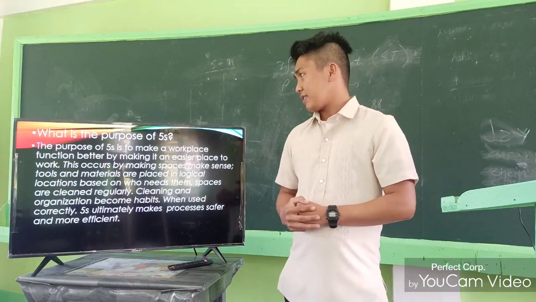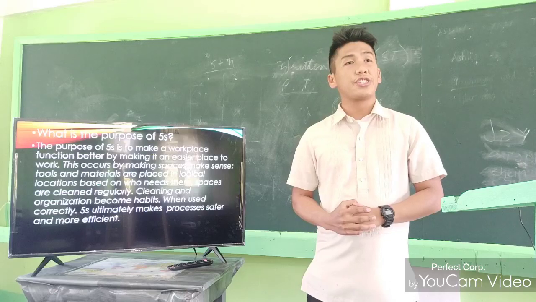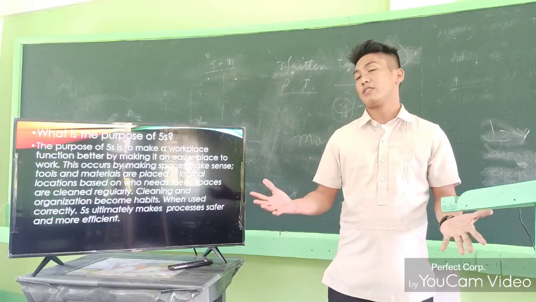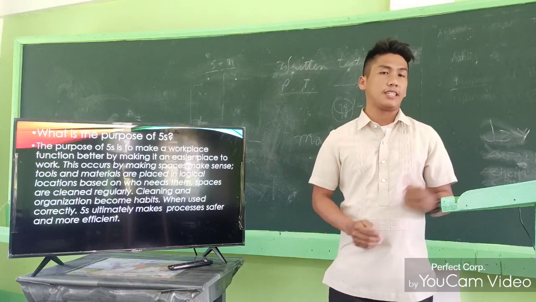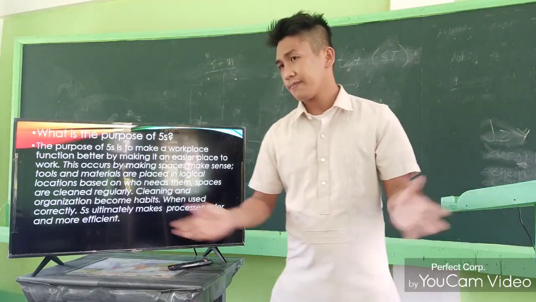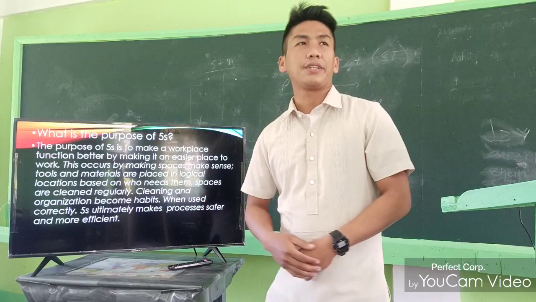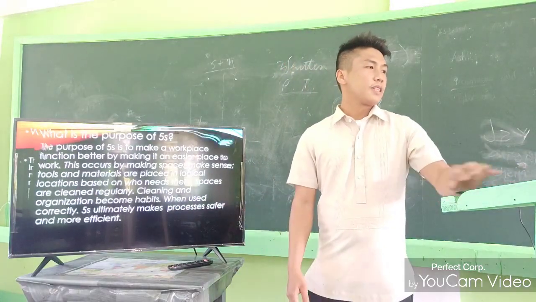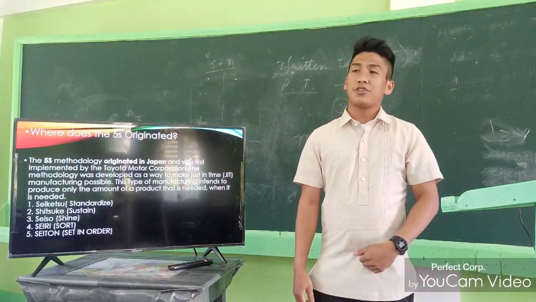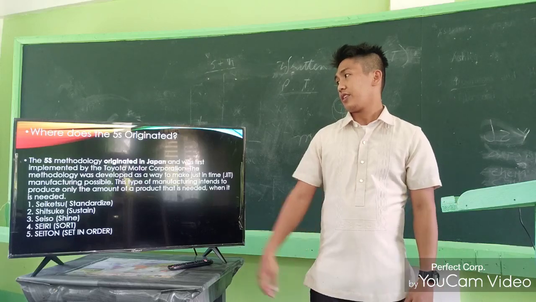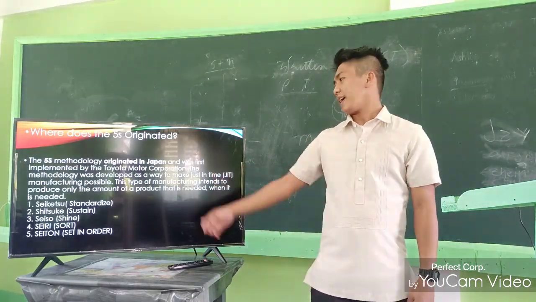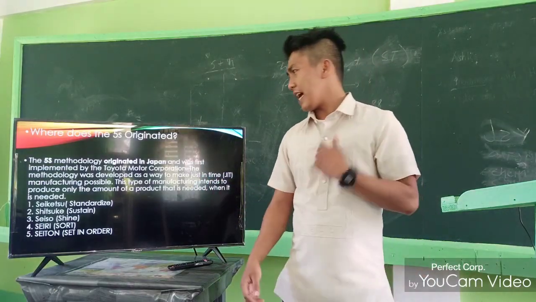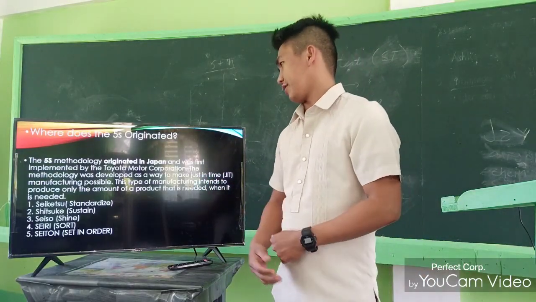Because 5S refers to cleanliness, not only for our workplace, but also in our surroundings. Do you agree with that? Okay, very good. Then, where did 5S originate? 5S originated in Japan and was first implemented by the Toyota Motor Corporation.